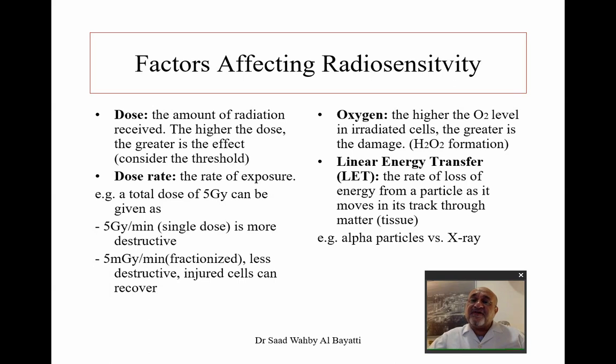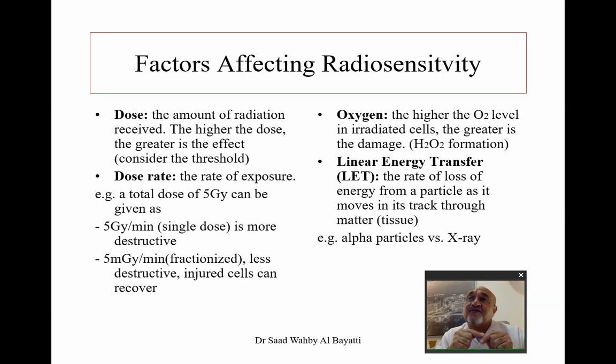Another important factor is the linear energy transfer, abbreviated as LET, the rate of loss of energy from a particle as it moves in its track through matter. Remember the alpha, if you go back to the previous slide, this is what we termed the quality factor. The quality factor is high. The alpha particle, for instance, or proton, will give all its energy in a short distance of the tissue, and the effect is high.